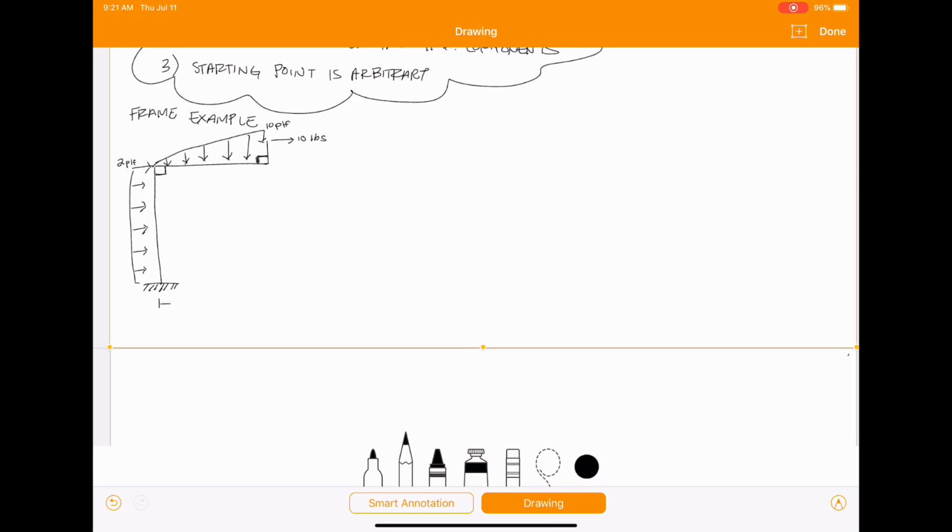And to add dimensions, I'm going to say this is 10 feet. We'll say this is 10 feet. And then we'll say this top section here is 2 feet.